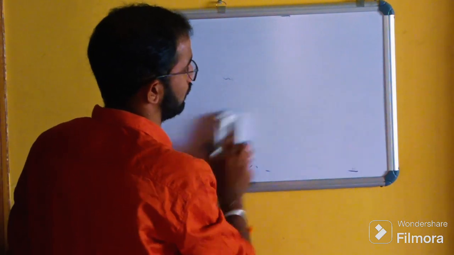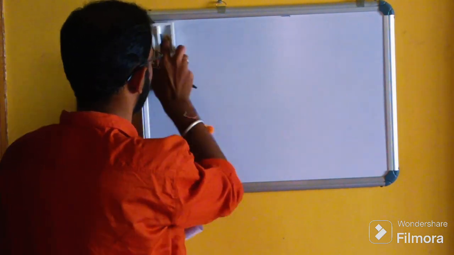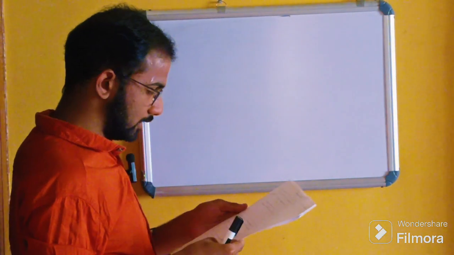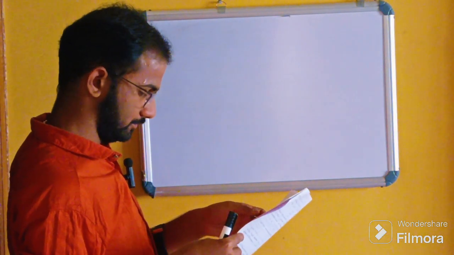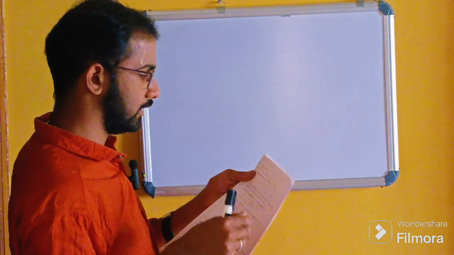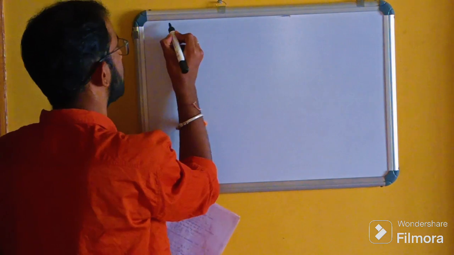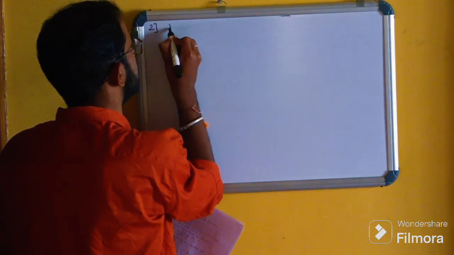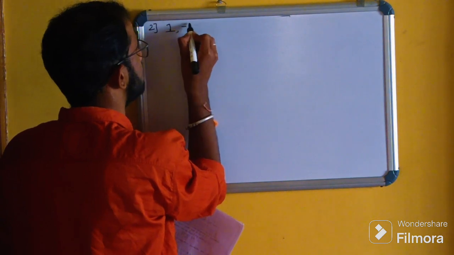So the next sequence is 1, -1, -3, -5, and so on.